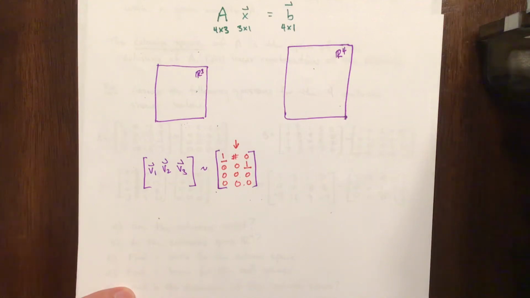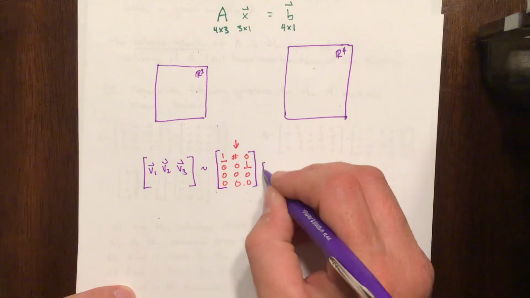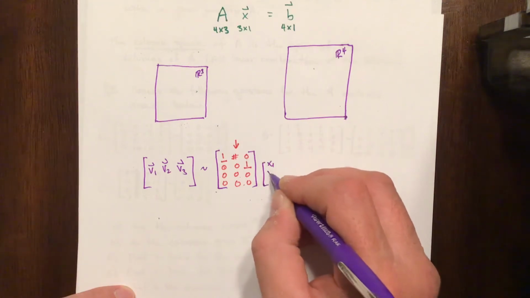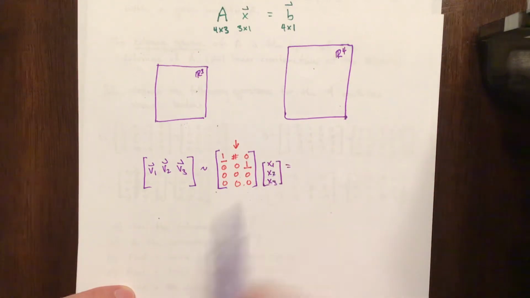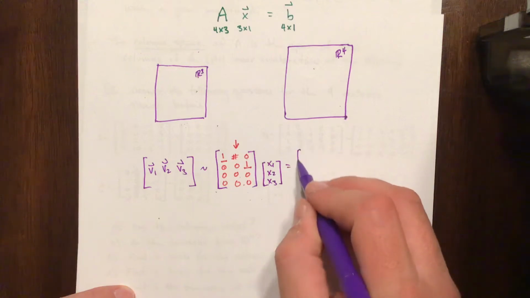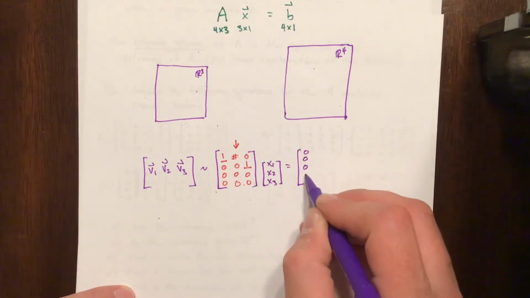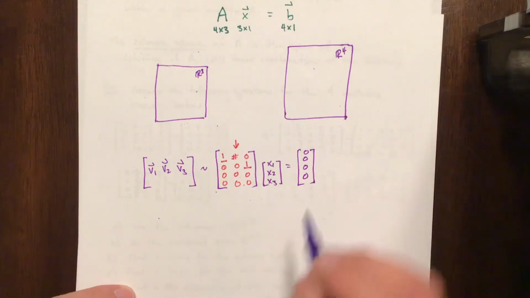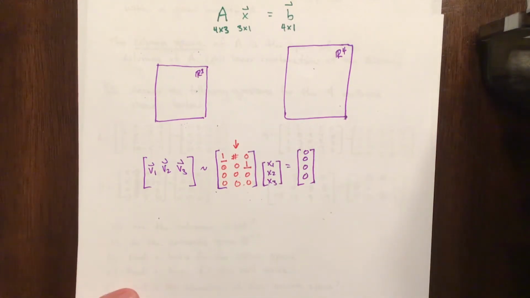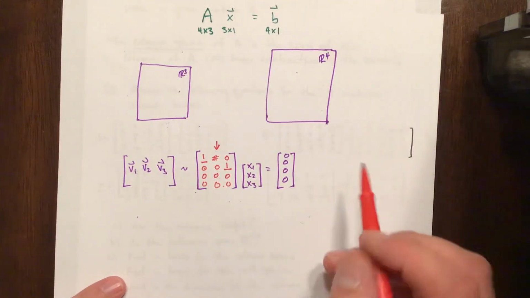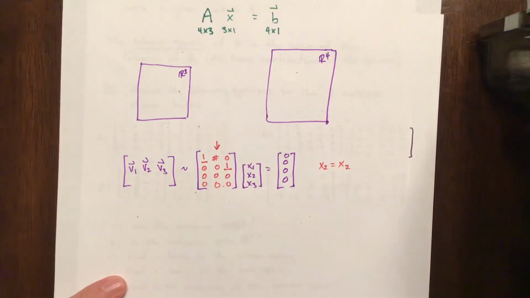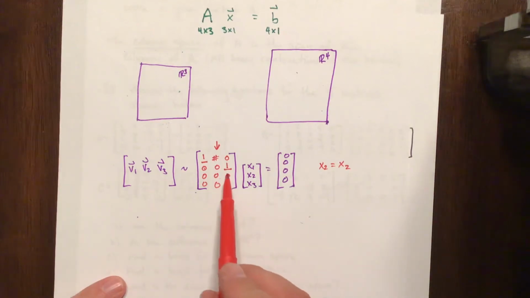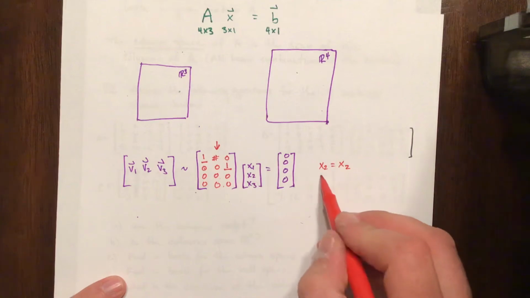If I were to multiply this matrix by the vector x1, x2, x3, and I looked for the appropriate values of x1, x2, x3 that output the 0 vector, in other words, I'm looking for the null space, what would I do? Well, x2 can be anything it pleases. Here I'm required to say that x3 is equal to 0.